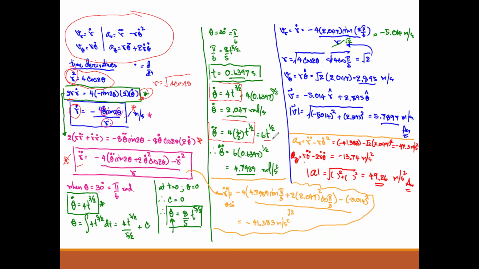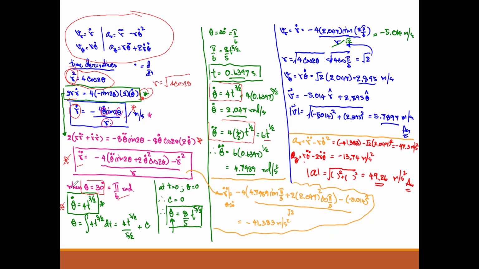For this case, we would like to know when theta equal to 30 degrees, that is equal to pi over 6 radian. The time is equal to what? We have to integrate the omega that we already know.